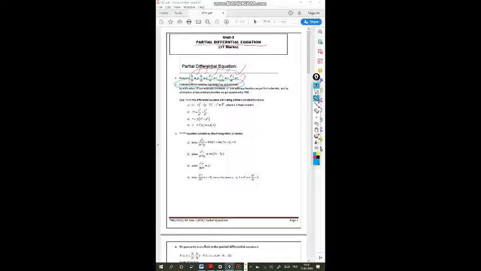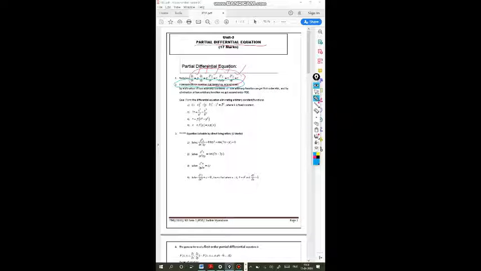We already saw in LDE, when we solve the differential equation, in the solution we get arbitrary constants. When we solve a second order differential equation, there will be two constants C1 and C2 in the solution. So in the reverse way, when we eliminate that arbitrary constant, we get a differential equation. Now, when a function depends only on one variable, say y is a function of x, then the differential equation is an ordinary differential equation.